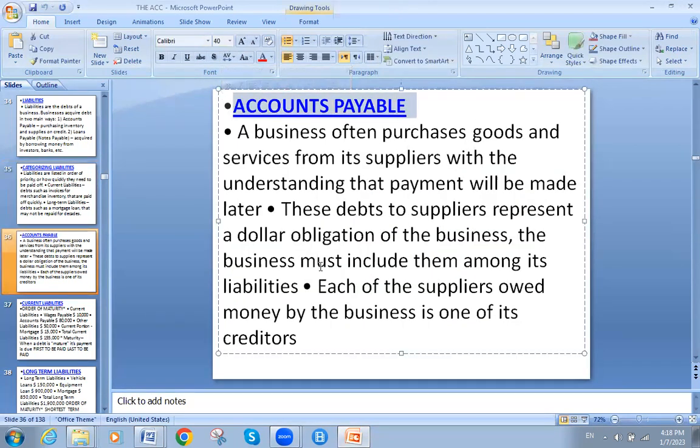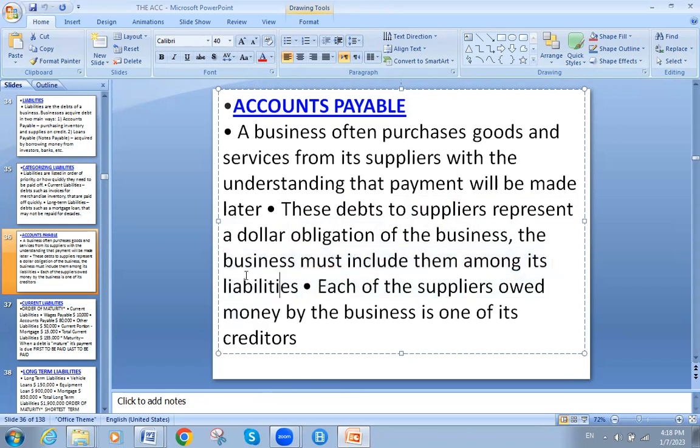We'll go back to the definition of accounts payable. This means money you have to pay in the short run. These debts to suppliers represent a dollar obligation of the business. The business must include them among liabilities because it's a commitment or obligation.